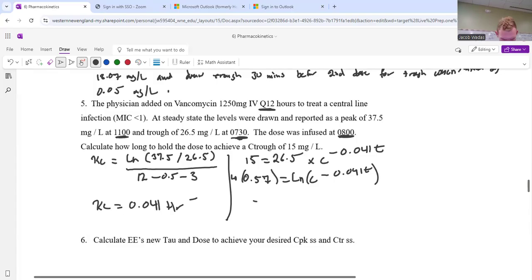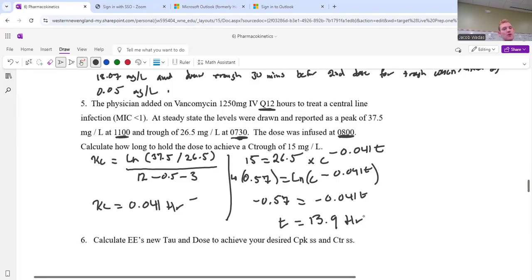So you're going to get negative 0.57 equals negative 0.041 t. Now we just solve for t, which equals 13.9 hours. Is that what you guys got? Yeah.